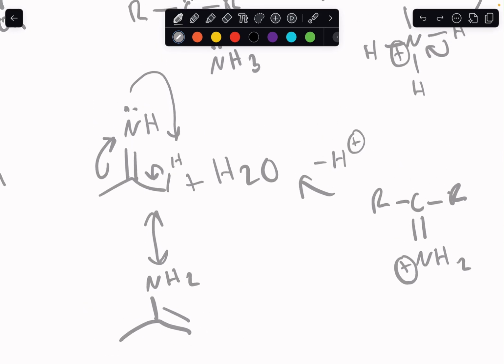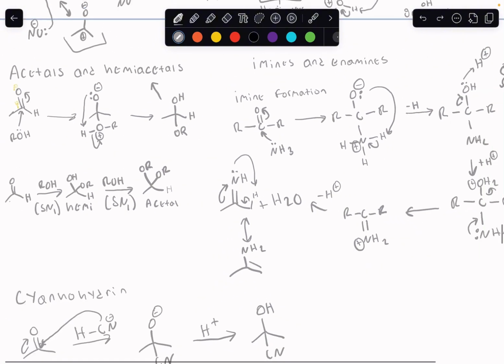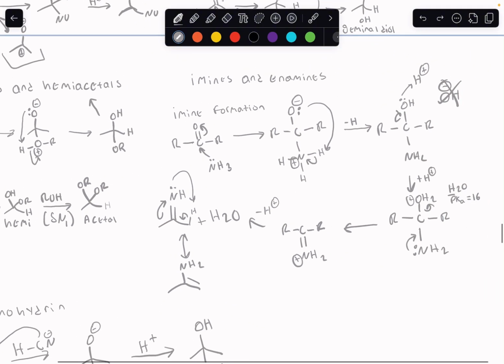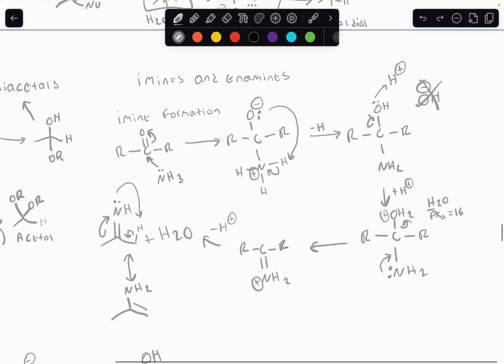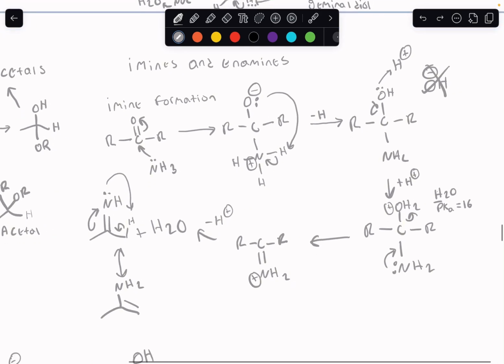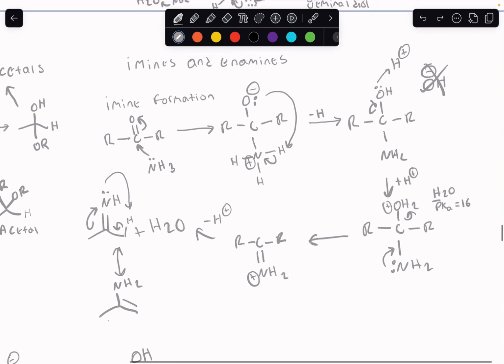And this is sort of like keto-enol tautomerization as well, which we'll go over. Hopefully that makes sense. Definitely it's not as bad, very repetitive, but very useful to know. So your enamines and your amines, this is the formation of both of them.